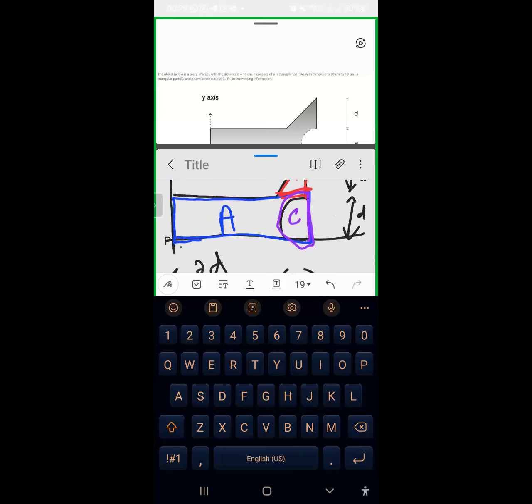We know that the area of a rectangle is length times breadth.